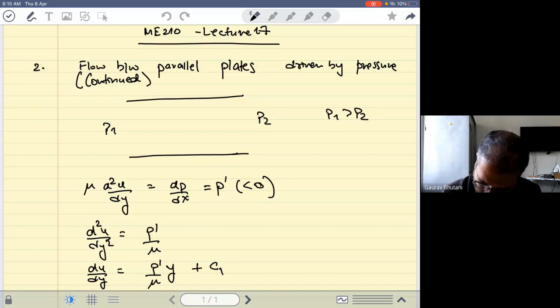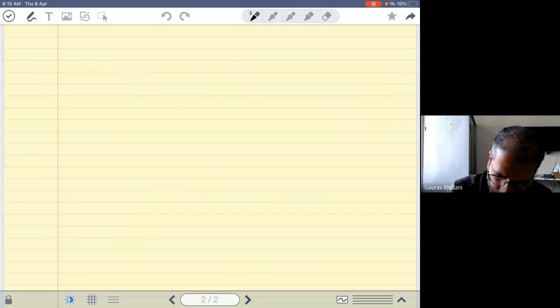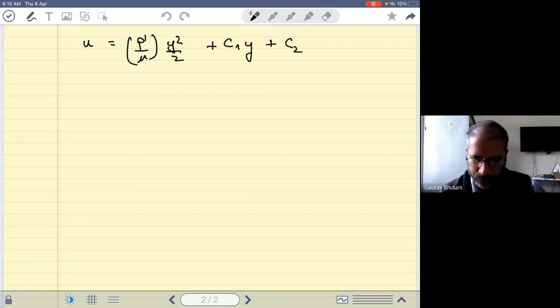So this is p prime upon mu times y, and then we integrate again. So our u becomes p prime by mu times y square by 2, plus c1 y plus c2. That is our u velocity in this channel.